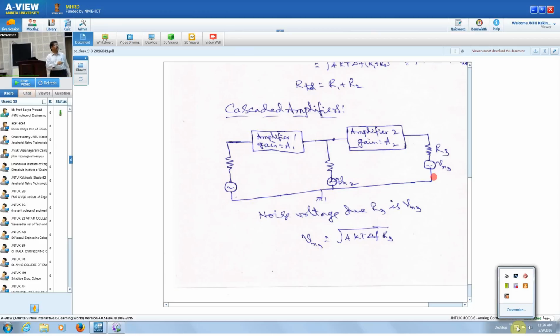Because the gain is A2, if Vn3 by A2 is the input here, multiplied by A2, you get Vn3 as output, assuming this is a noise-free resistor. Still, with an input of Vn3 by A2, we get the same noise, right?